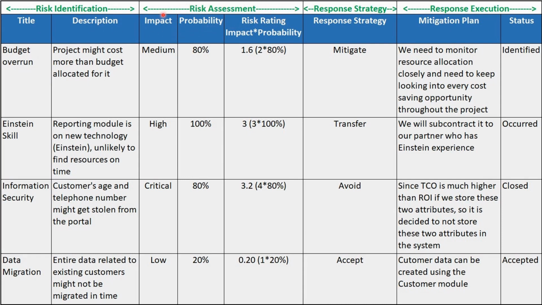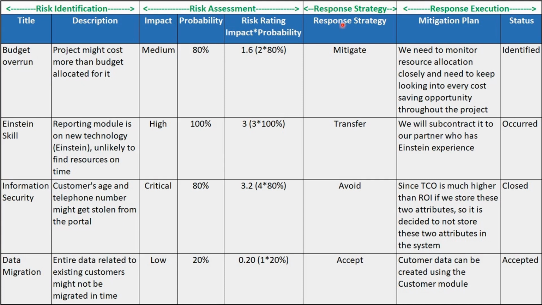The next step is risk assessment, where we determine the impact in terms of low, medium, high, critical, and the probability of occurrence in terms of percentage values. And then a risk rating is calculated based on these 2 values.